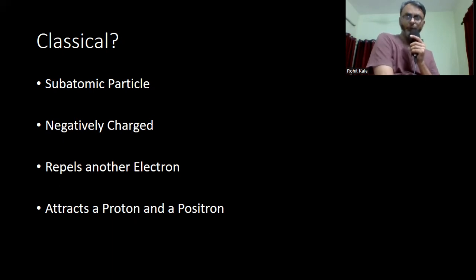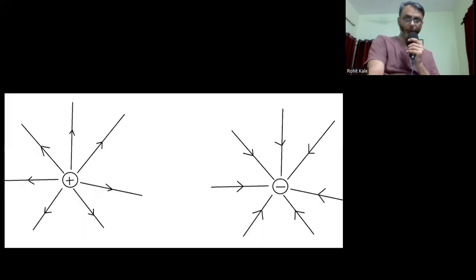It was known that if two electrons come together, they will repel each other, and the electron attracts a proton as well as a positron. So these things are classical. It is much easier to imagine the electron in that manner: a small sphere-like subatomic particle, which repels itself and attracts the positron and the proton.